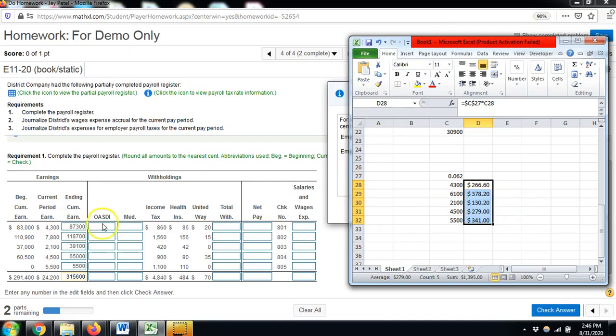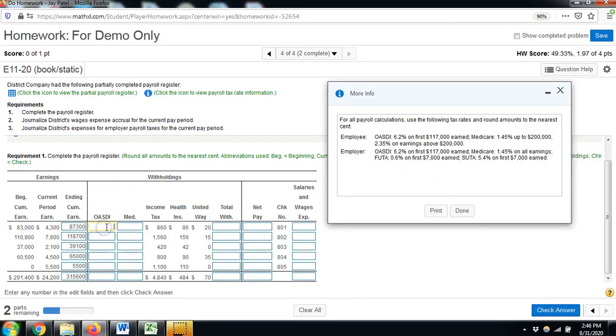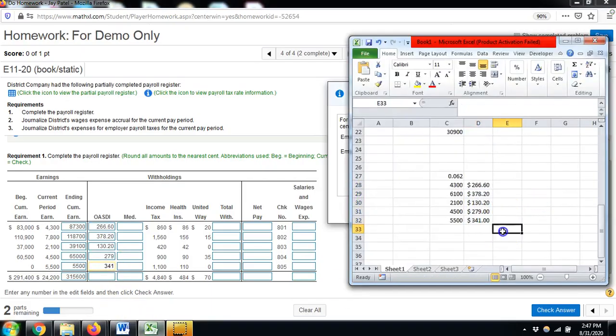Okay, so now let's put these numbers in. Make sure we got everything.